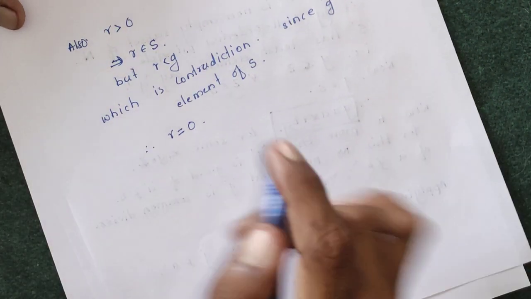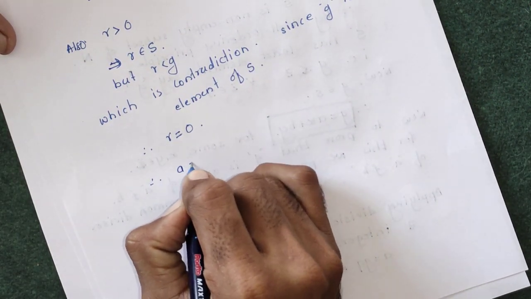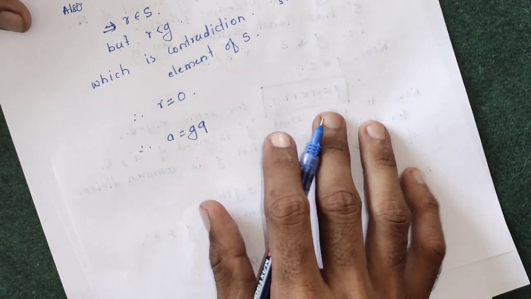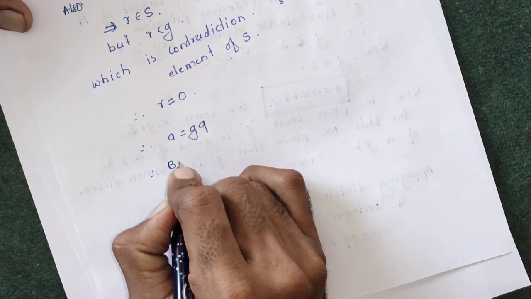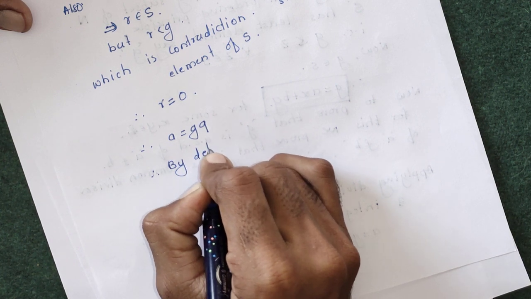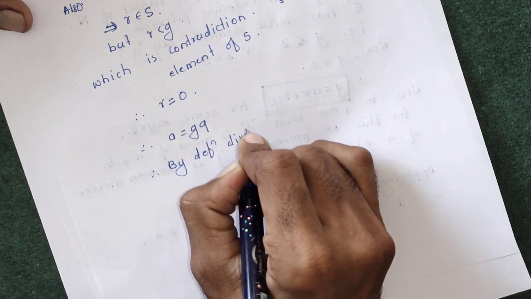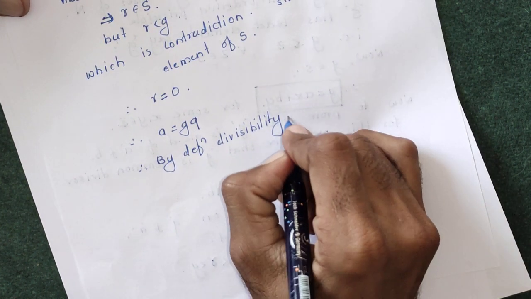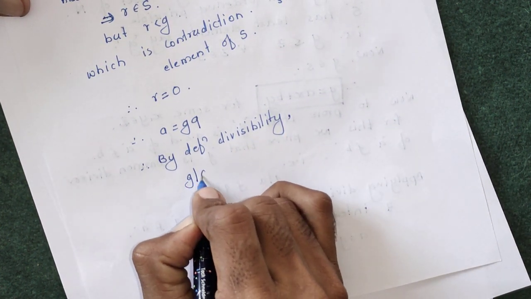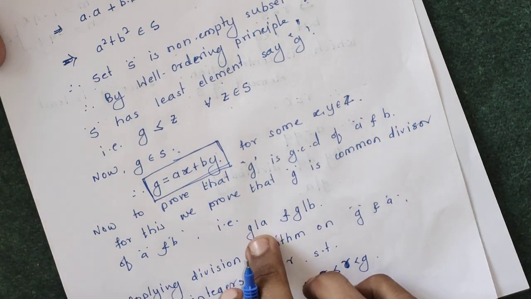So we get A is equal to GQ. Therefore by definition of divisibility, G divides A. So we get G divides A.